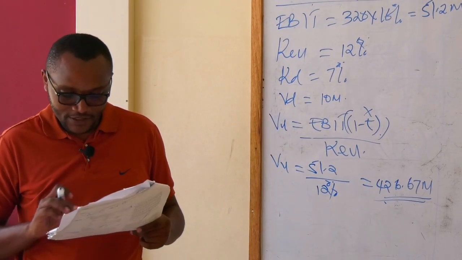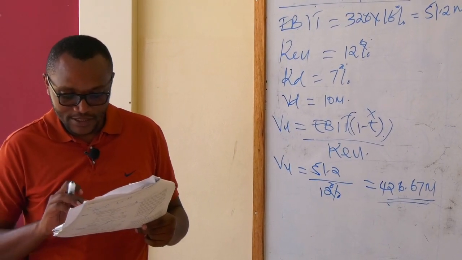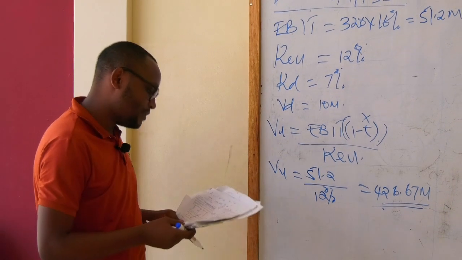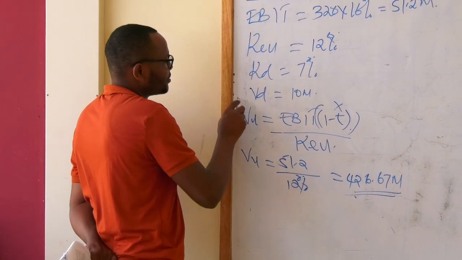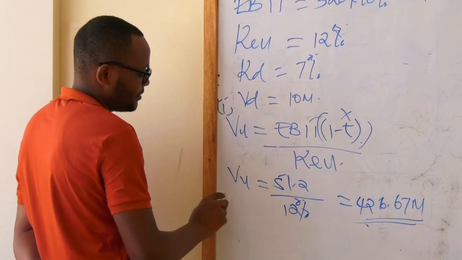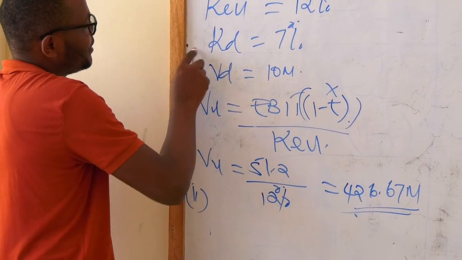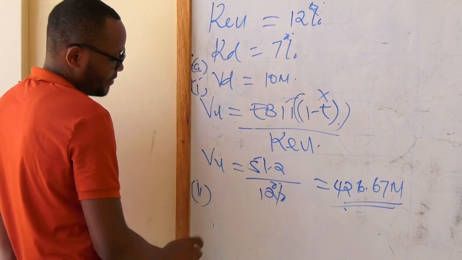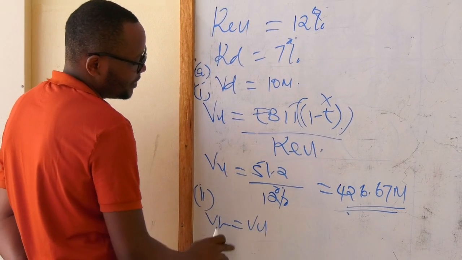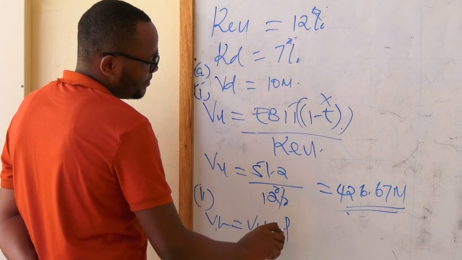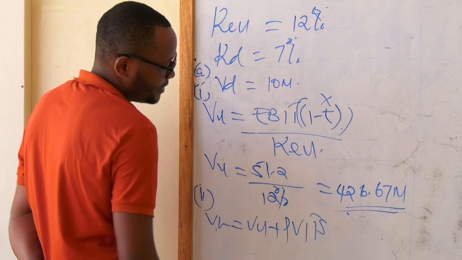The current value of the levered firm, if it uses 10 million debt. That was Roman 1, now Roman 2, part A. We are talking about the value of the levered firm, which is the value of the unlevered firm plus the present value of the interest tax shield.